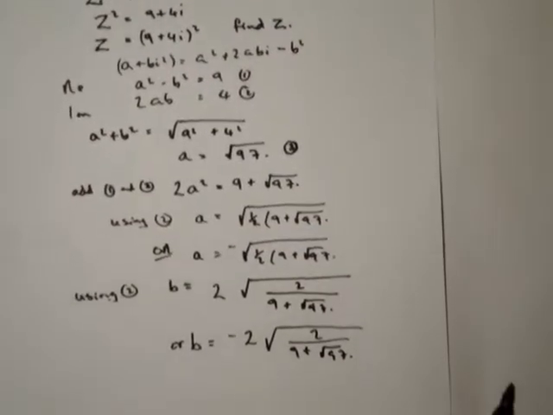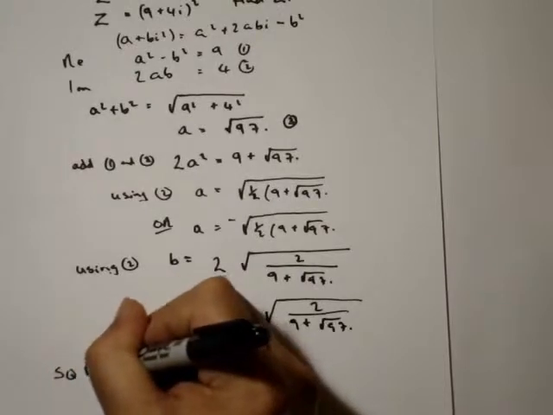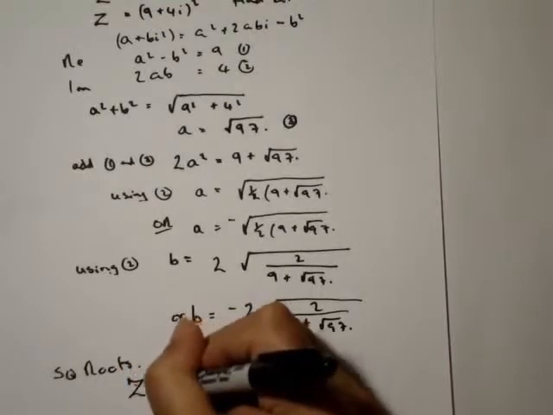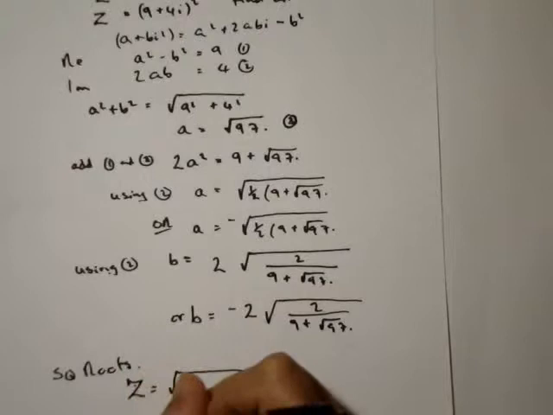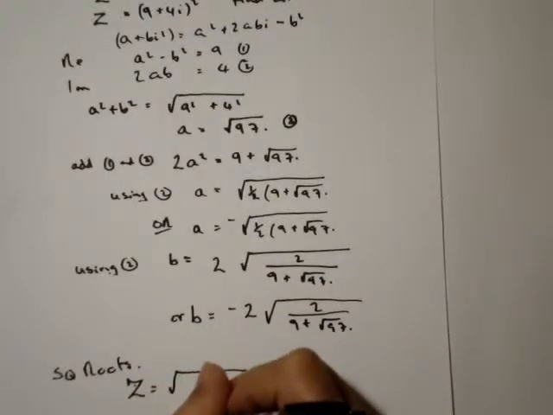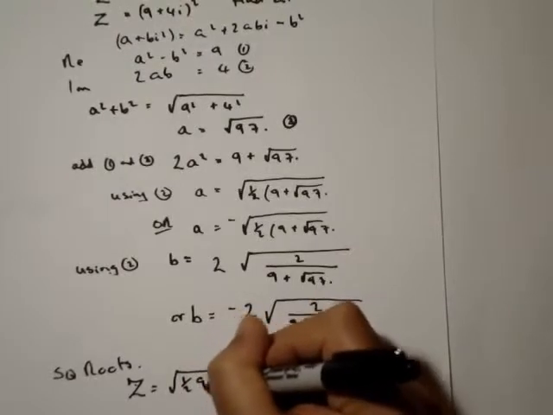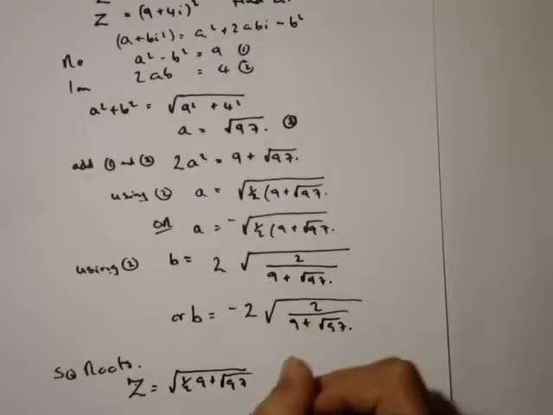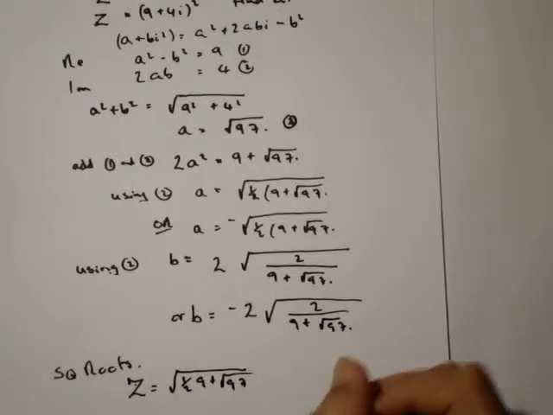So our square roots, we have 2, z equals, and z equals a half of 9 plus the square root of 97 minus a half of 9 plus the square root of 97.